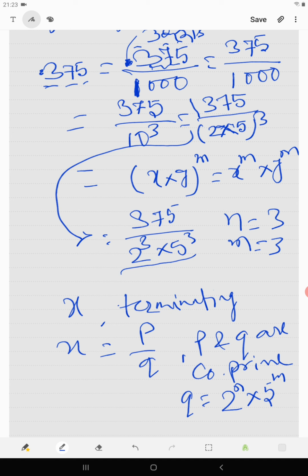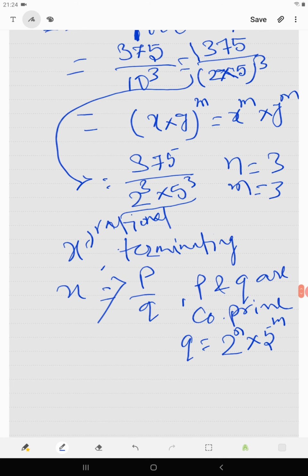While explaining, I told you, if we have a given rational number, it will terminate when the denominator is of the form 2 to the power n into 5 to the power m. Similarly, if x is a rational number whose decimal expansion is terminating, then x can be represented in the form of p by q, where p and q are co-prime and q can be represented in the form of 2 to the power n into 5 to the power m, where n and m are non-negative integers.